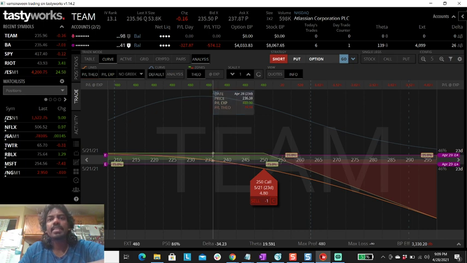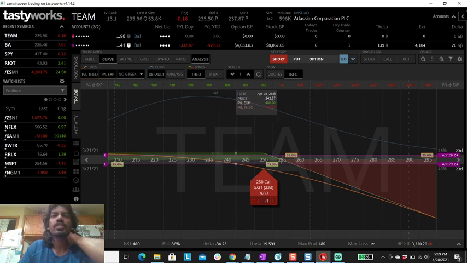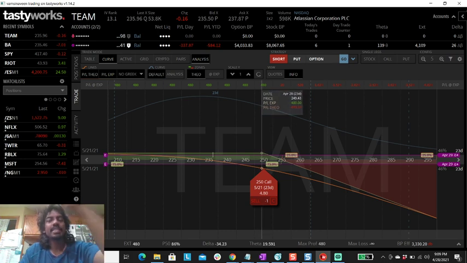If the stock stays here, he pockets the money that he sold you this option for. He sold it to you for $480, so he gets to keep it if the stock stays at this price. If the stock goes anywhere below, he gets to keep that. If the stock goes up but still stays below 250, he still profits the $480.